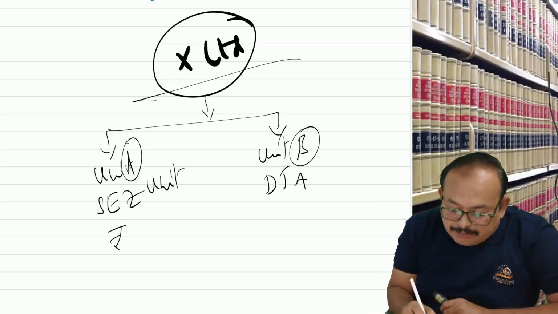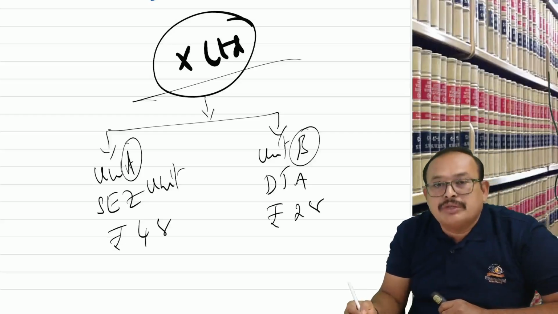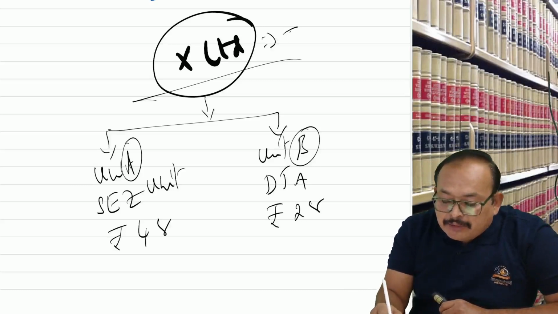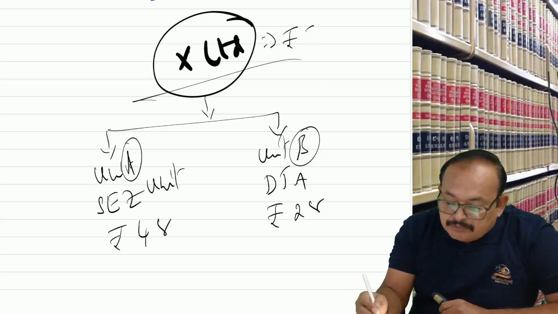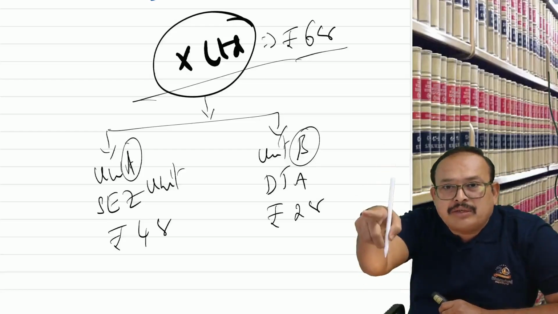The turnover here is 4 crores, the turnover here is 2 crores. What is the aggregate turnover? 6 crores, more than 5 crores.